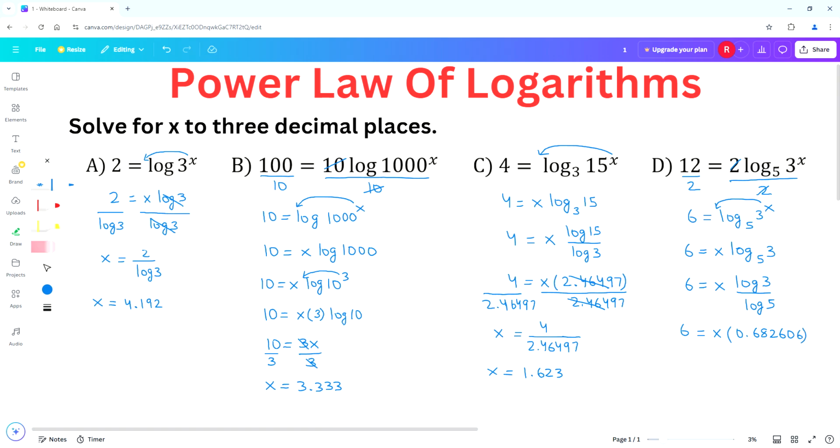Next, we can divide both sides by 0.682606 to isolate x.